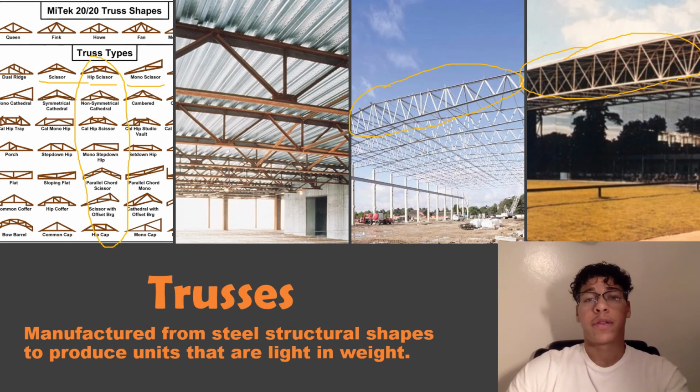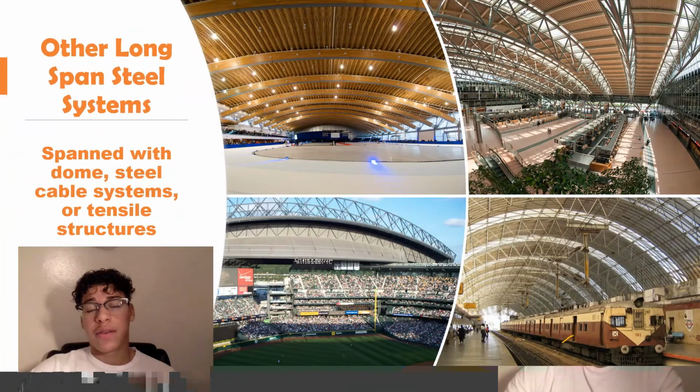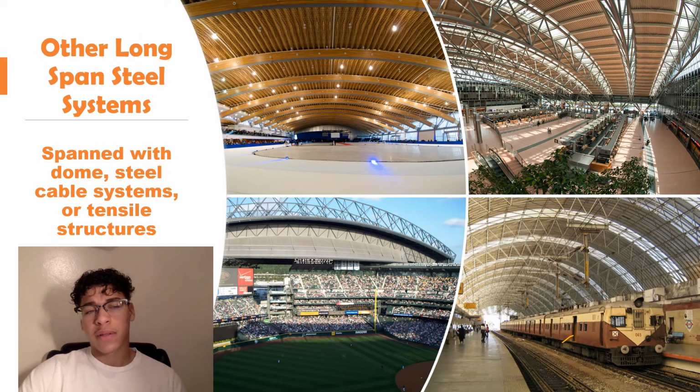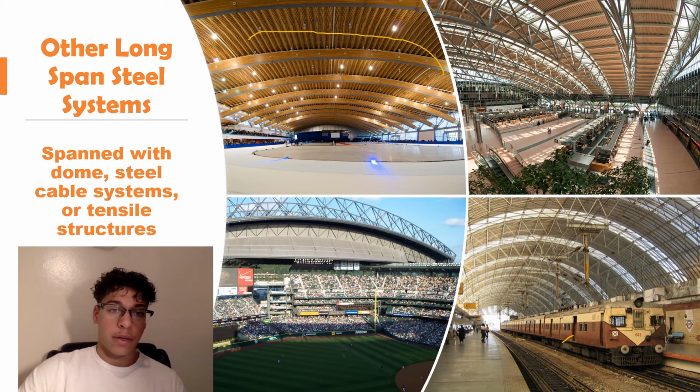So now I'll dive into these other long span steel systems. The other long span steel systems are basically spanned with dome steel cable systems or tensile structures. And as we can see in this image, this would be an arena.